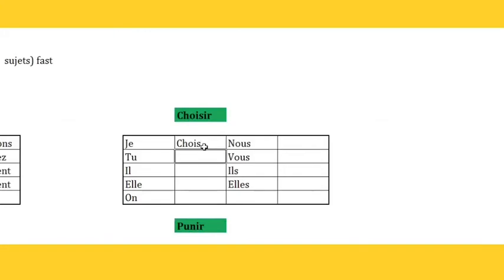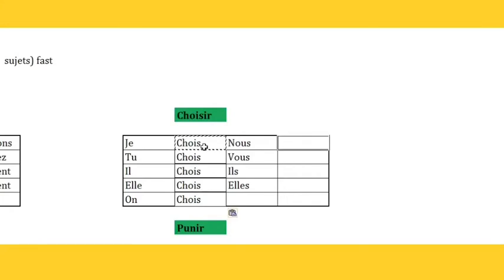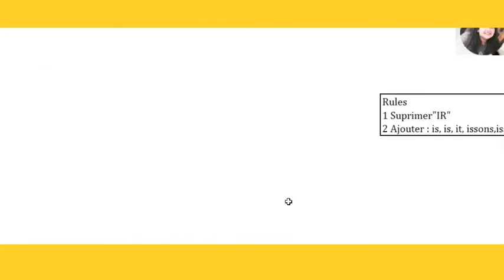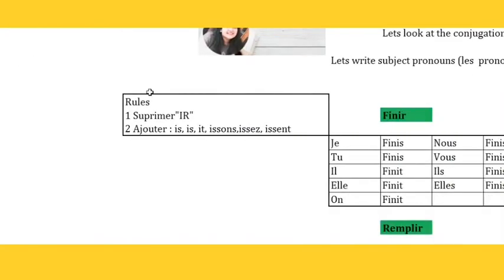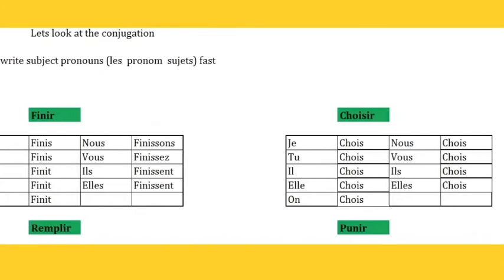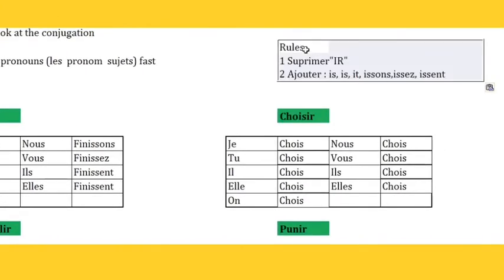Choisir becomes chois. Now what we are adding is, wait a minute, let me copy these rules here so that you can easily refer to them. Okay, so we deleted IR from the infinitive verb. Now what we are adding is IS.